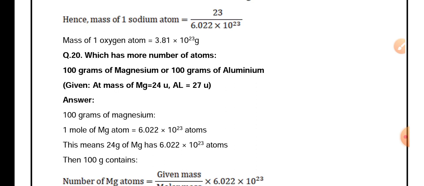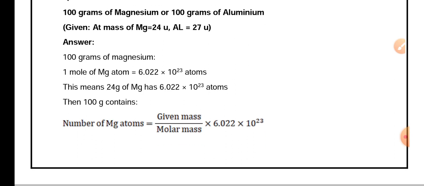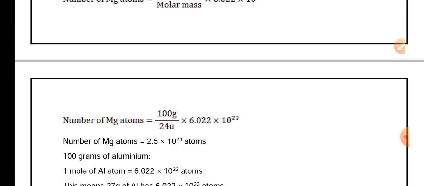Then 100 grams contains a number of magnesium atoms equal to given mass divided by molar mass into 6.022 into 10 to the power of 23, which is 100 grams divided by 24 u into 6.022 into 10 to the power of 23. The number of magnesium atoms is 2.5 into 10 to the power of 24 atoms.